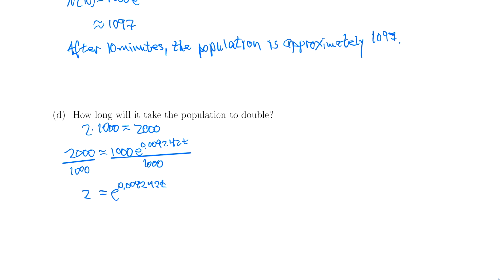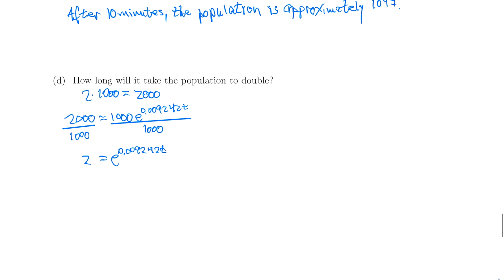So all we really need is the 2 there, because we could have said we had 1 bacterium and now we have 2. It will take the same amount of time to double no matter what amount you start with. That is the nature of the exponential growth function or decay function, as we will see later on.